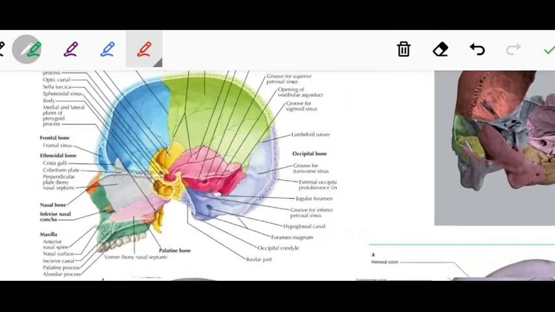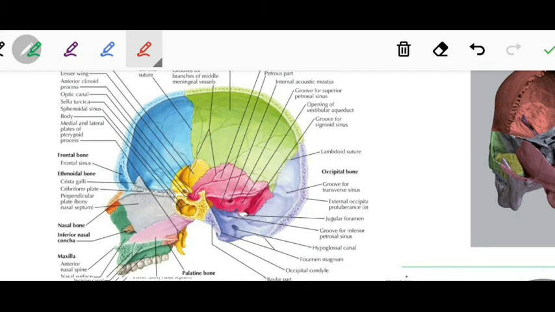Now in the sagittal section, the squamous part of the frontal bone reveals a plate-like bone which is made up of an outer layer, also known as the outer table, and the inner layer, known as the inner table.